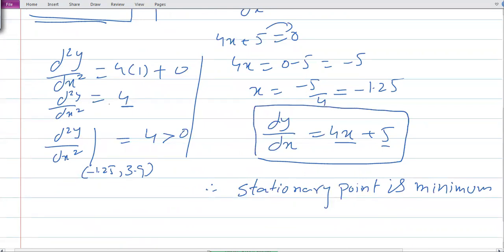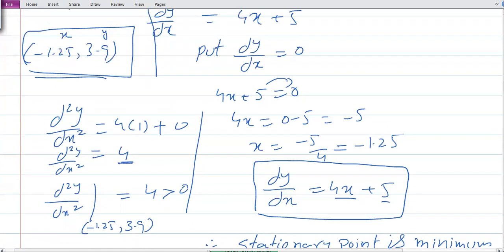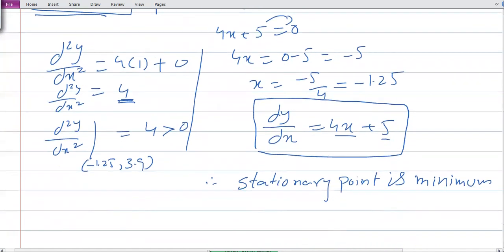I took another derivative, so I got 4. Then I put my stationary point in the second derivative. Already it is just 4, so whether you put it or not, it will remain the same, because it is free from variable. Its value will never change. 4 is a positive value. When you get the result positive, the stationary point will be minimum. If you get a negative answer, the stationary point will be maximum.